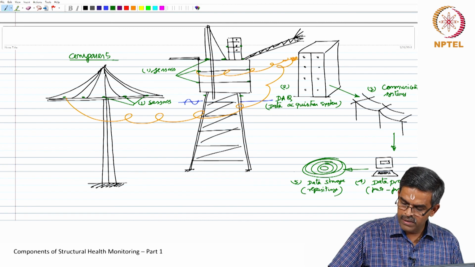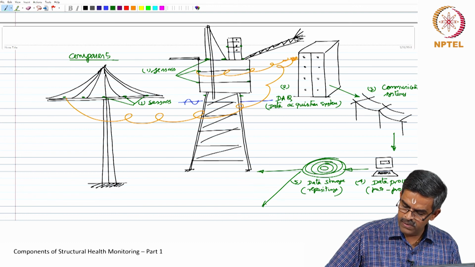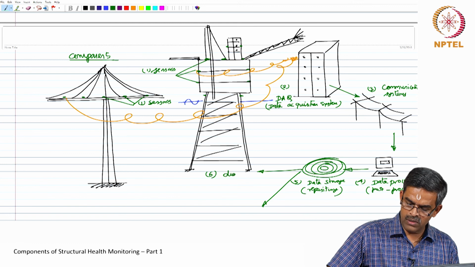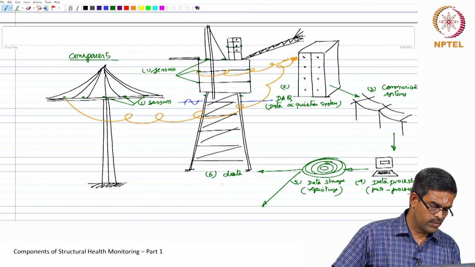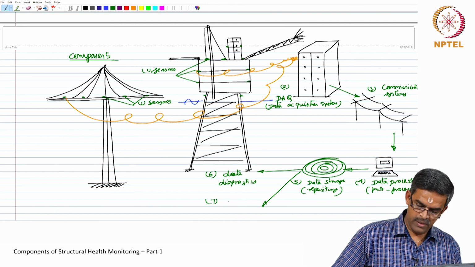From there, it will again go back to two different places. One will be the data diagnosis, and the other will be data retrieval.